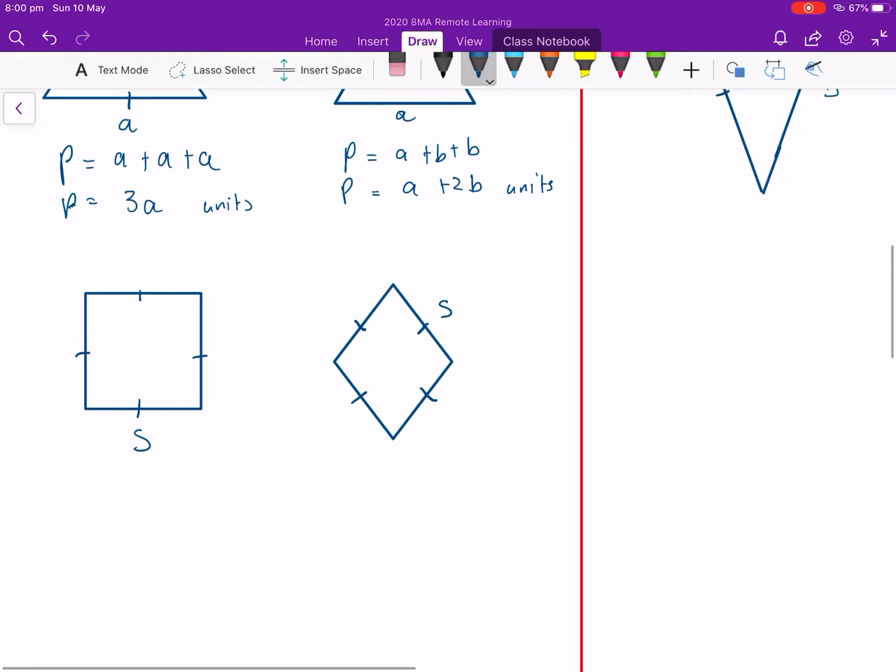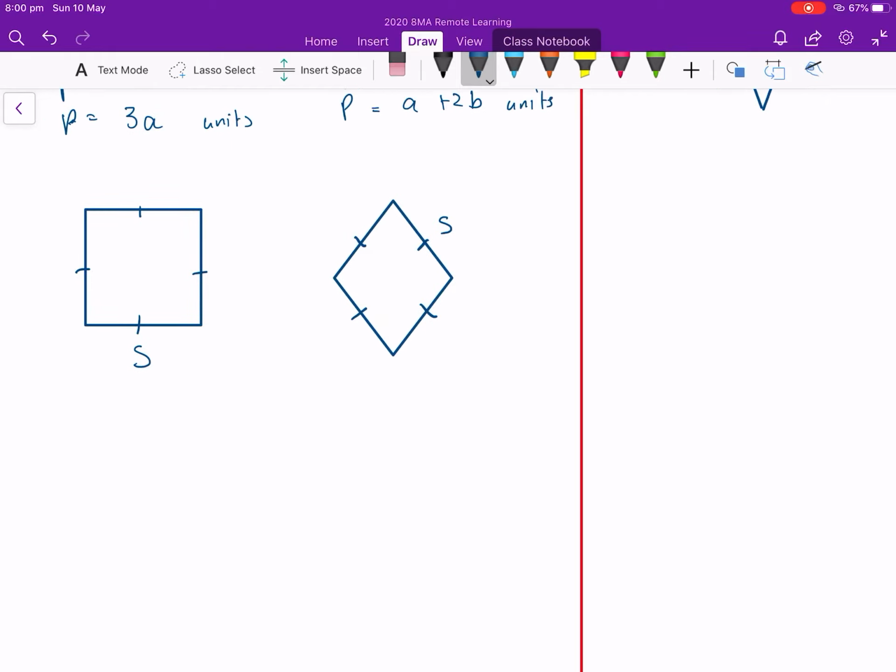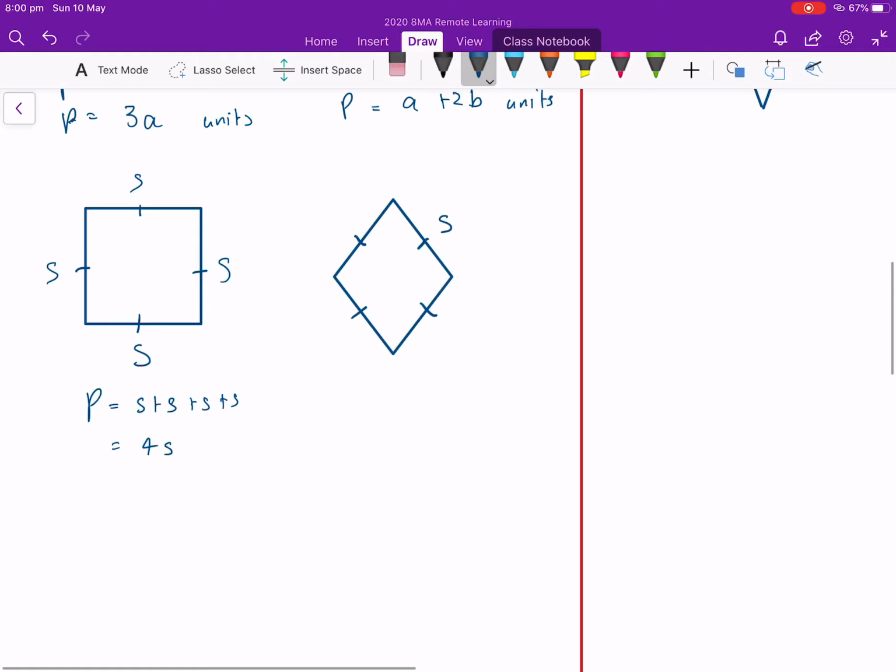So let's have a look at these next two. So the one on the left here is a square, okay? And I know that because there are 4 equal sides. Now they've given the bottom side length of S. So the other 3 sides will be S as well. We can tell that because of these dashes on the sides. So the perimeter would be S plus S plus S plus S, giving 4S.